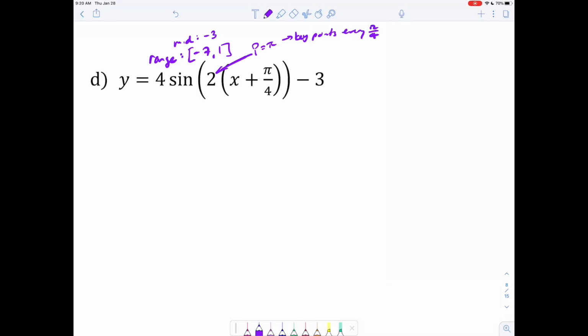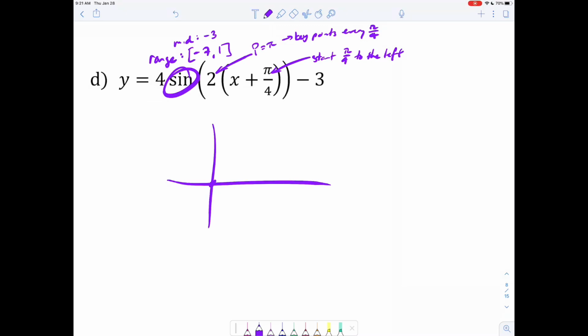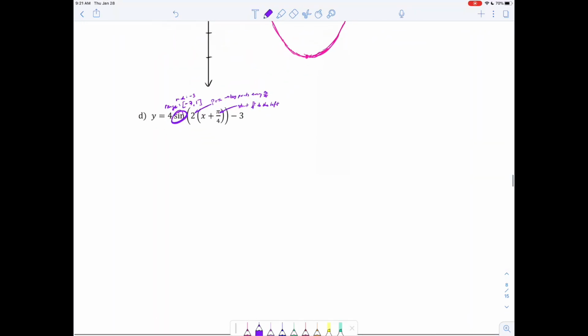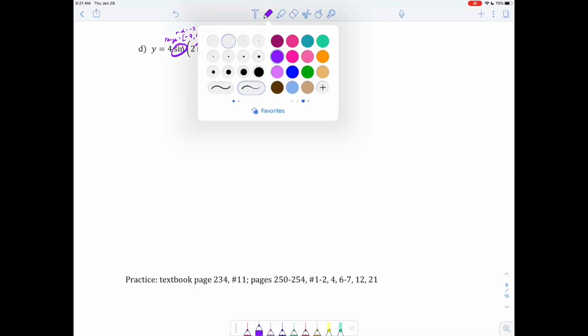And I've got a start here, which is pi over 4 to the left. And I know I'm working with sine. When sine operates, it starts at the middle and then goes up, down, and back up. Okay, I think I have enough info to put all this together.